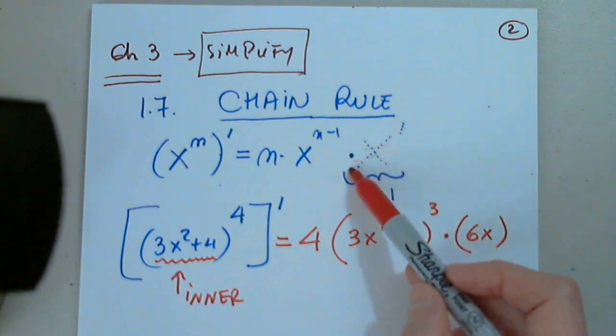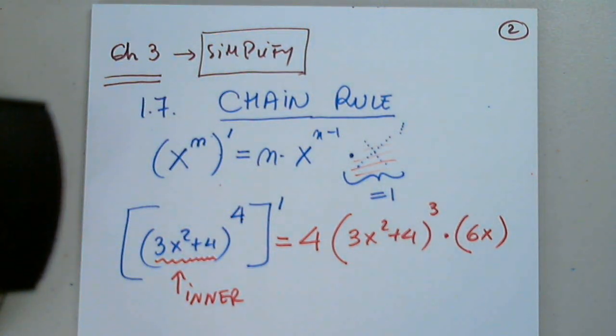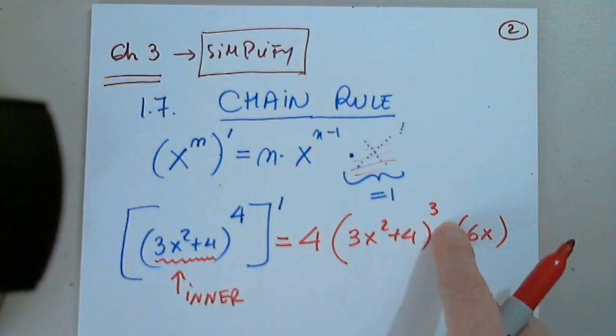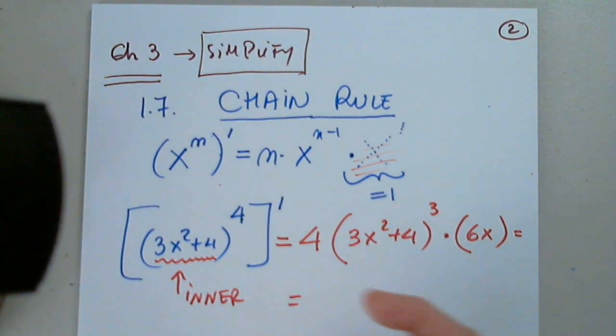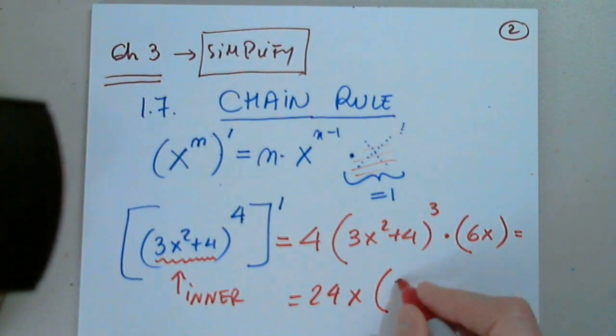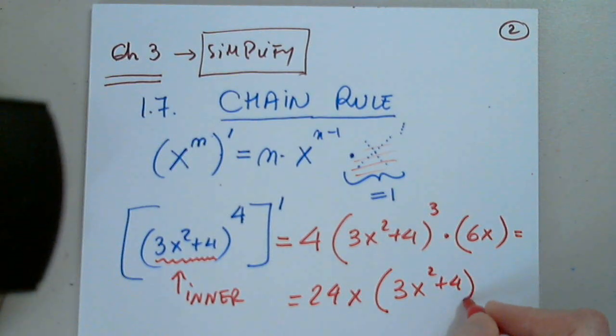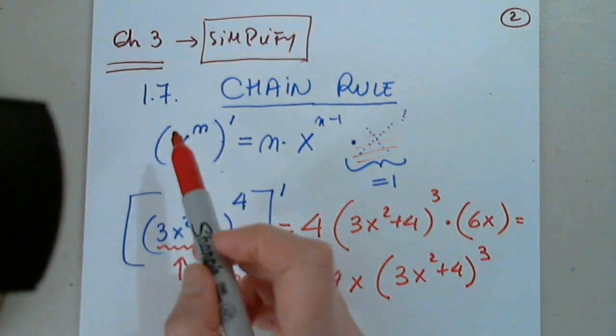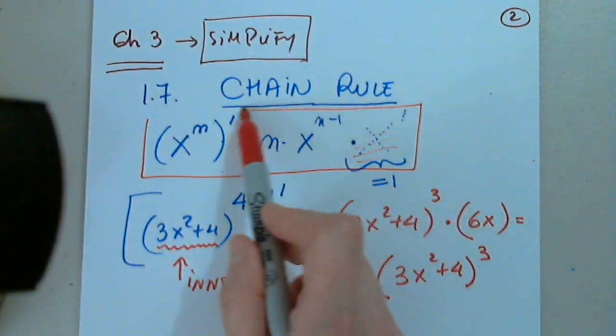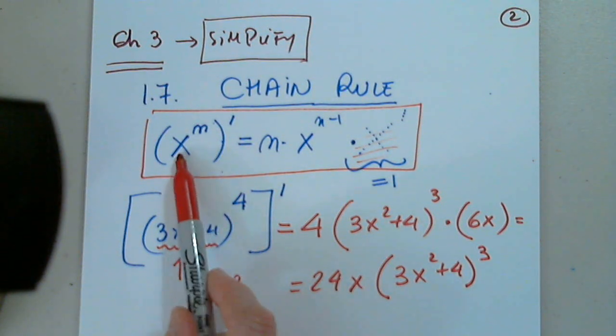Because this is no longer 1. Here I did not need this because it was 1. But here I have no choice. I'm not going to expand this. So the final form is 24x times 3x squared plus 4 to the 3rd. We did the exact same thing that we did with plain x.